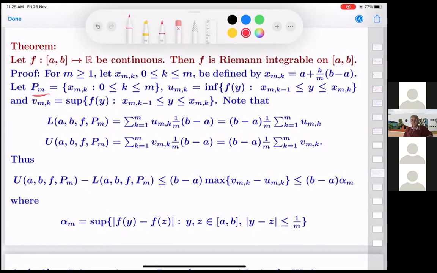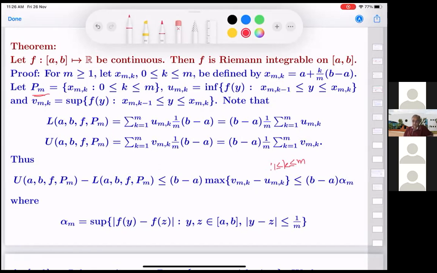umk is smaller than vmk, and we have 1 over m times the sum. So 1 over m times the sum is less than or equal to the maximum of all these objects, here 1 less than or equal to k less than or equal to m. Maximum is taken over vmk minus umk, k between 1 and m. So once again, we have computed L f on Pm and U f for this partition Pm.